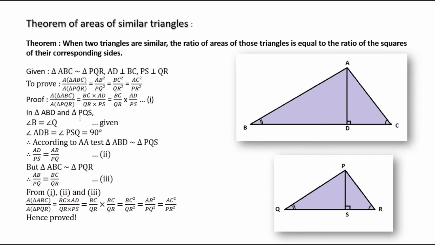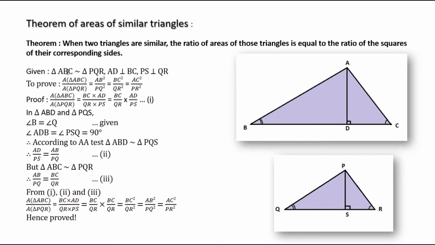In triangle ABD and triangle PQS, see this, triangle ABD and triangle PQS. Here angle B and angle Q are congruent. How? Because of the identical mark. Or we can consider one-to-one correspondence.